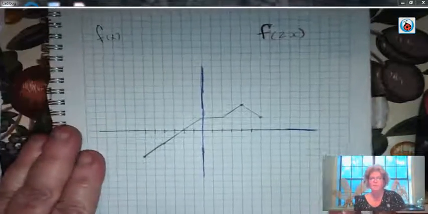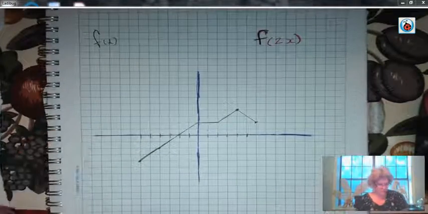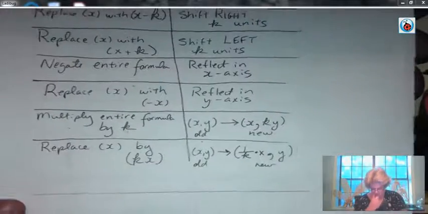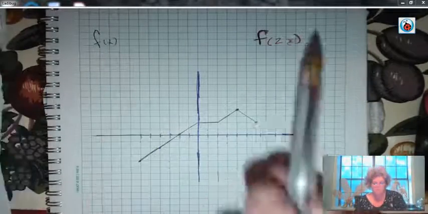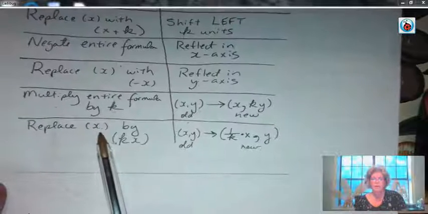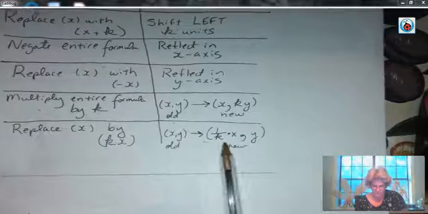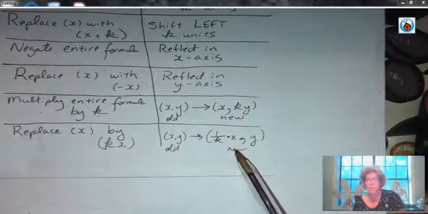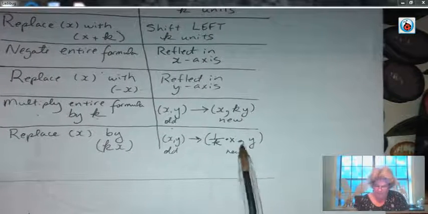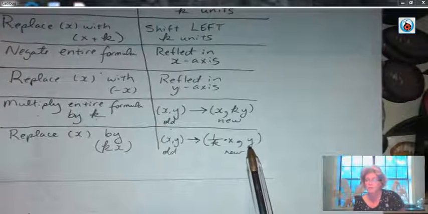Okay, what's the graph of that one going to look like? Well, I have replaced the x inside parentheses with 2 times x. And if we do that, the old point will be mapped to a new point, and the new point keeps the same y-coordinate.